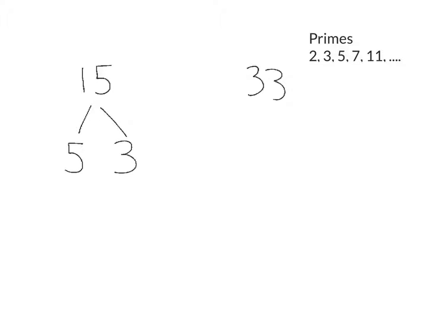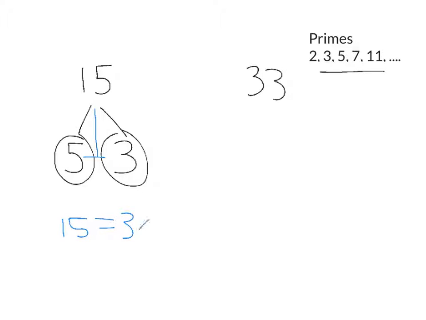That's really the only way of doing it because 15 only has those two multiplication pairs, 5 times 3 and 1 times 15. So I'm going to look over here. Let's see. Are 5 and 3 prime? Yes, they are. So that means I'm done because this times this is equal to that. So the prime factorization of 15 is equal to 3 times 5 because I've broken it down into a multiplication problem with just prime numbers.